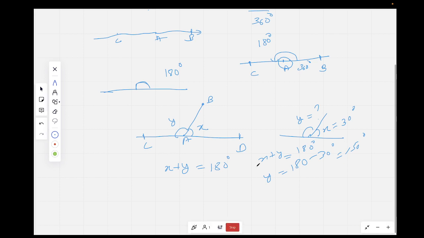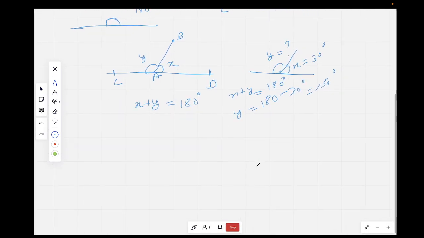So again, it depends on how we want to make it. Let's say a line segment starts from AB. C is initially coinciding with B, or C lies on the line segment AB. So the angle it makes with AB is 0.